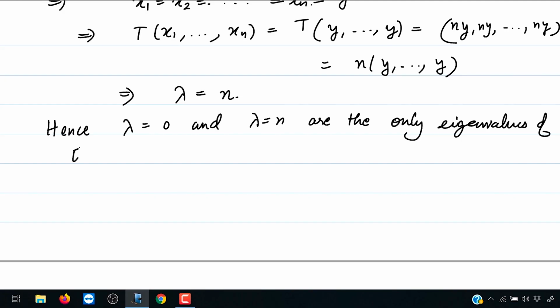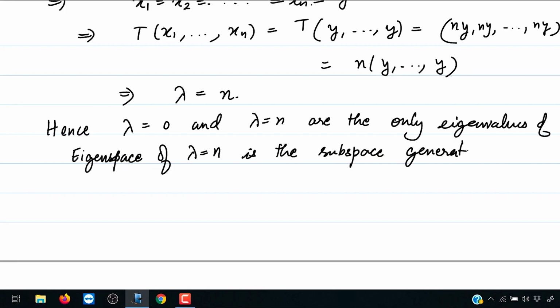Okay, what about the eigenspace? The eigenspace of lambda equal to n is given by the subspace generated by (1, 1, ..., 1). So I'll leave that again for you to check.